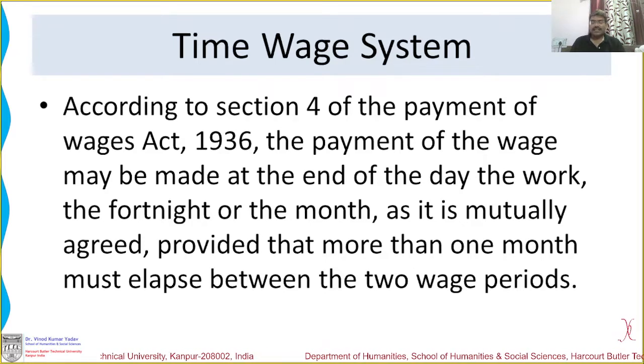Meaning, if a person is continuing for more than a month and you are paying continuously without any break or lapse, that may not be a time based system. That may lead to the modern salary management system. But there comes a break between two wage periods, and the maximum length of one wage period may be up to a month.